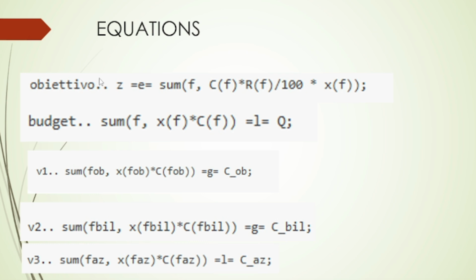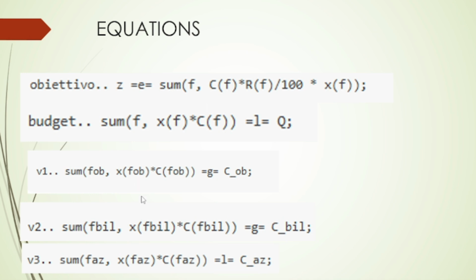About equations, as we have said, the objective is the maximization of the annual return. So we have an objective, and this objective is the sum of the specific rate of return of each fund.